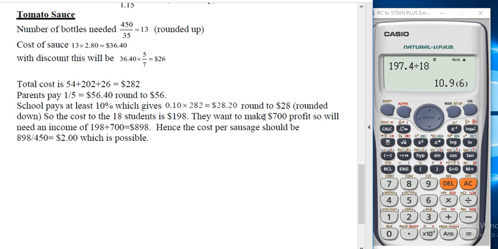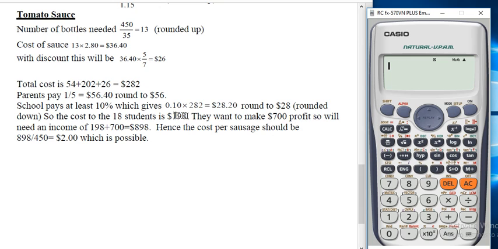Now here's the last little bit there. They want to make $700 profit. So if we assume that the cost of everything, all the items so far after the parents have paid for some of it and after the school has paid for some of it, is $198, around about that anyway, and you want to make $700 profit.